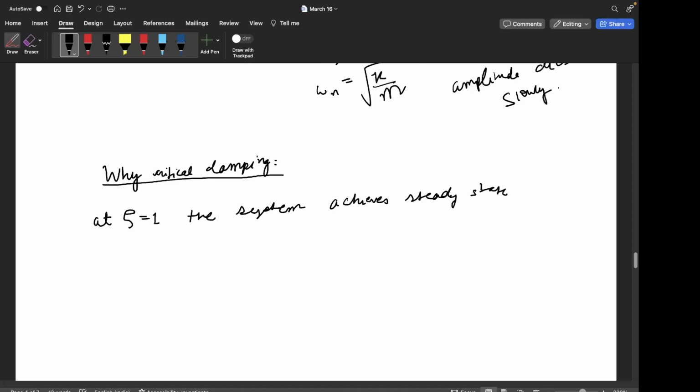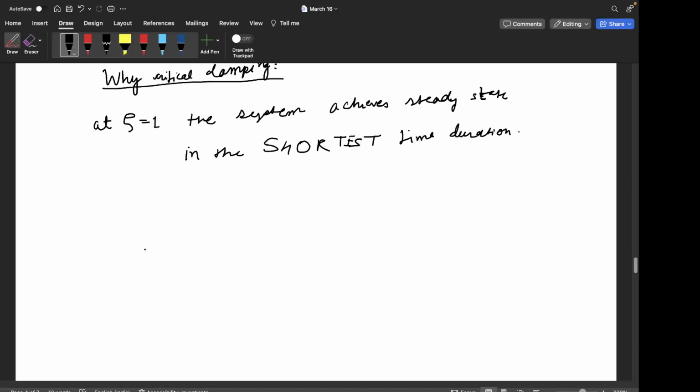When I say steady state, it means it has achieved a state in which the values, with time, do not change, almost do not change, or change insignificantly. It achieves steady state in the shortest time duration, right?